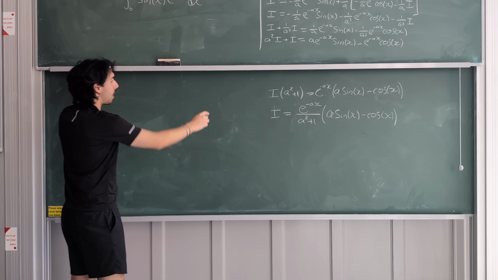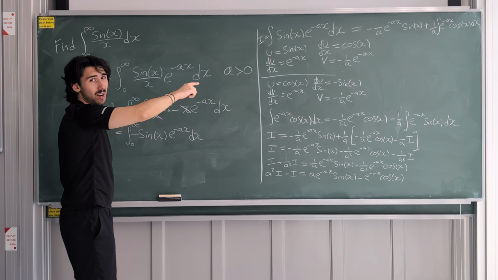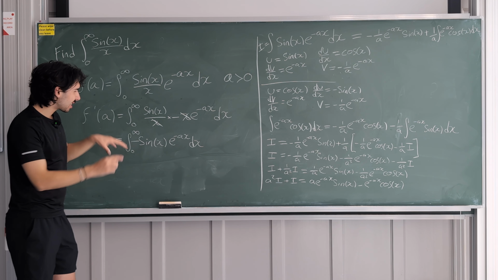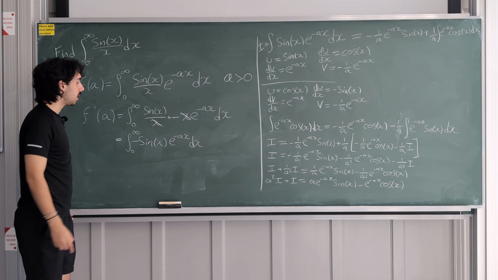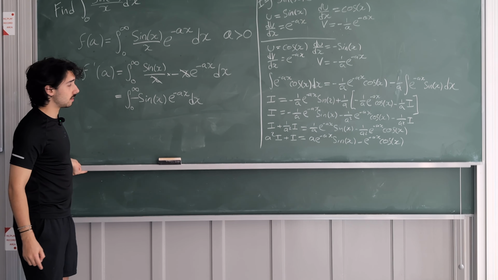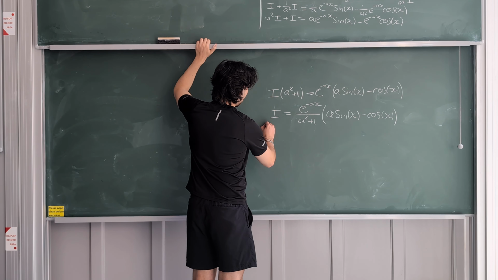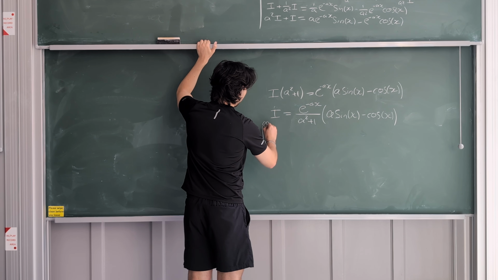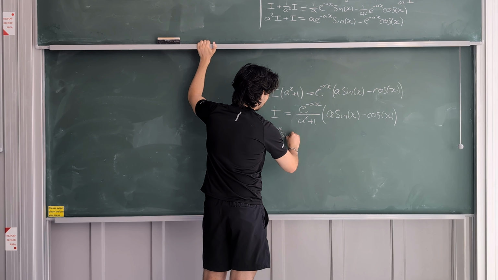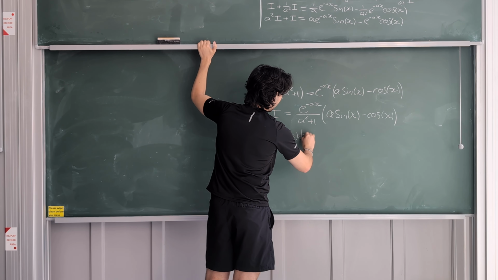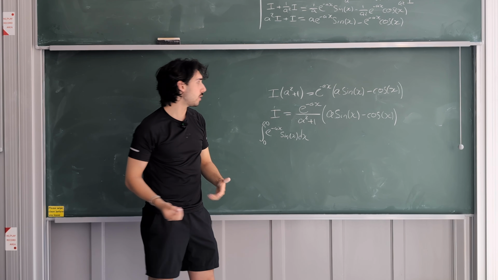Now remember, that's I. I is the integral of sine x e to the minus ax. We want a slightly different thing: we want the integral from 0 to infinity of minus that. So first, let's plug the limits in. The integral from 0 to infinity of e to the minus ax sine x dx is this thing evaluated at 0 and infinity.